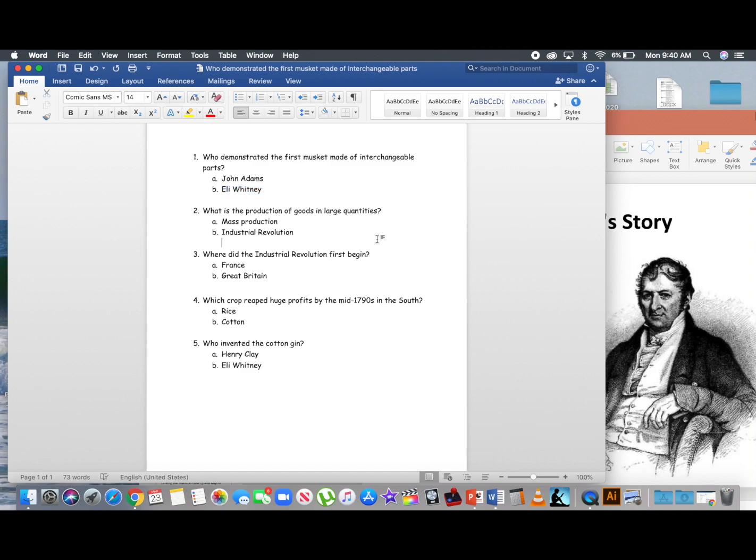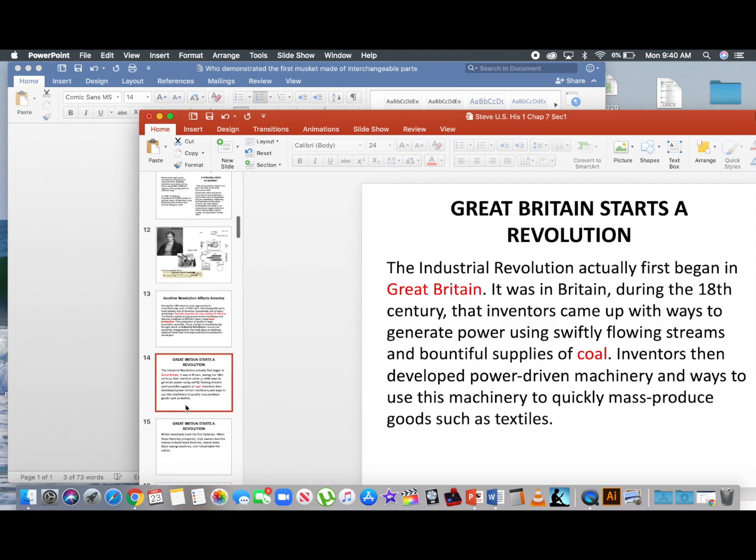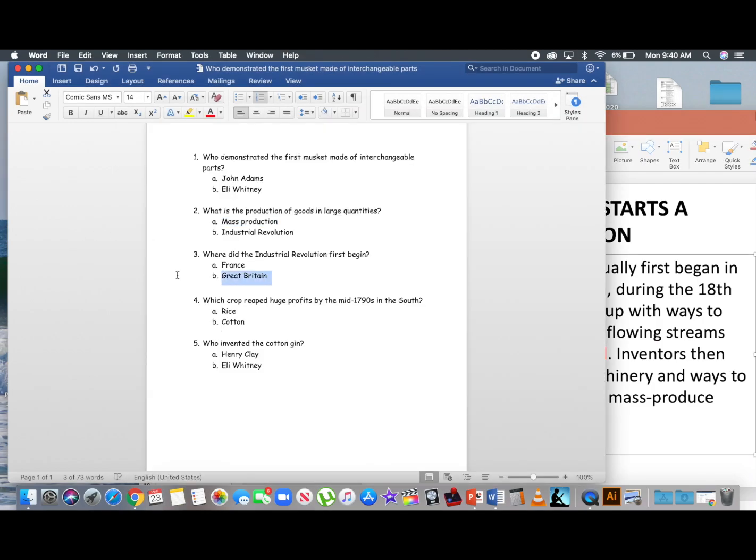Number two, what is the production of goods in large quantities? This was mass production. And where did the Industrial Revolution begin? Let's see here. Where did it begin? Great Britain.